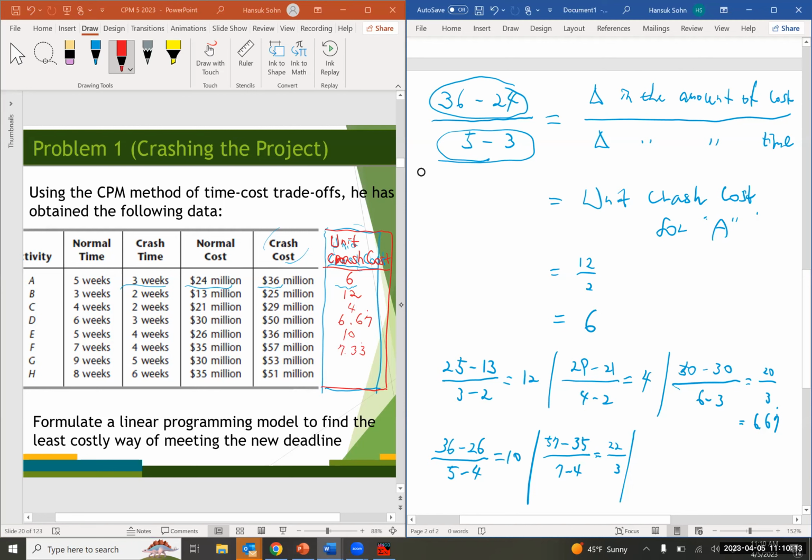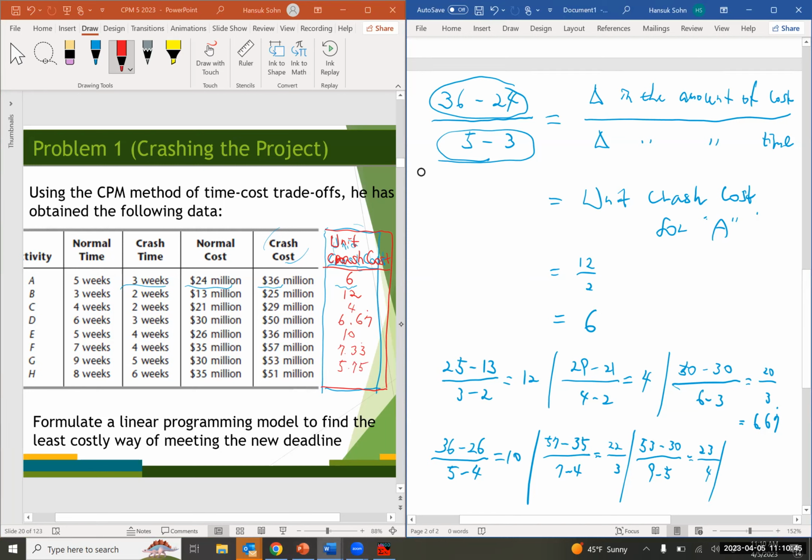And for G, similarly, 53 minus 30 over 9 minus 5. Which is that? 23 over 4. Okay, so that's gonna be 5.75, right? Okay.